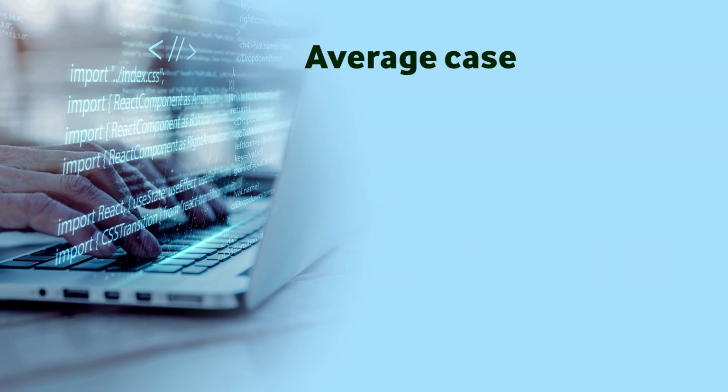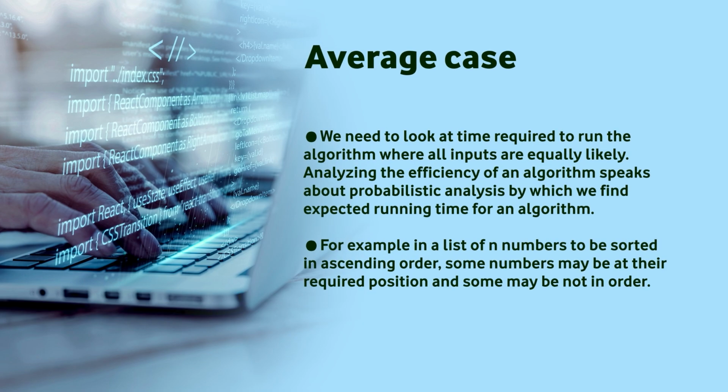Next is the average case. In the average case, we need to look at the time required to run the algorithm where all inputs are equally likely. When we talk about theta notation, all the inputs have an equally likely possibility. Analyzing the efficiency of an algorithm here speaks about probabilistic analysis, by which we find the expected running time of an algorithm.